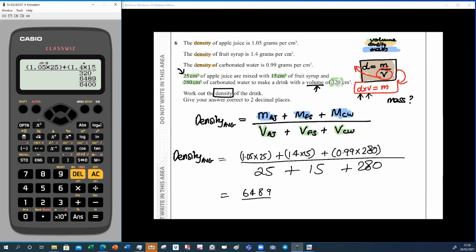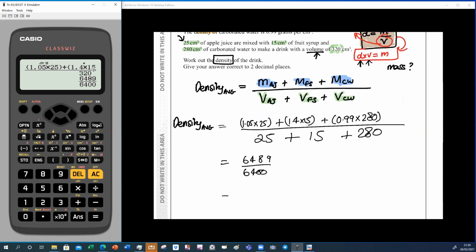6489 divided by 6,400, which looks like something strange and mad. Now, that is not really acceptable for you to put down as an answer. What button do I press on the calculator, Eliza? The S to D. The S to D will convert our fractional answer into a decimal answer. So let's write the decimal answer down, 1.01390625.